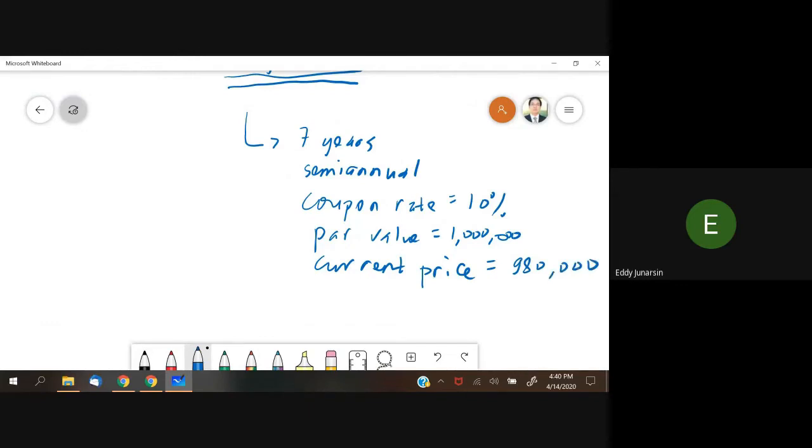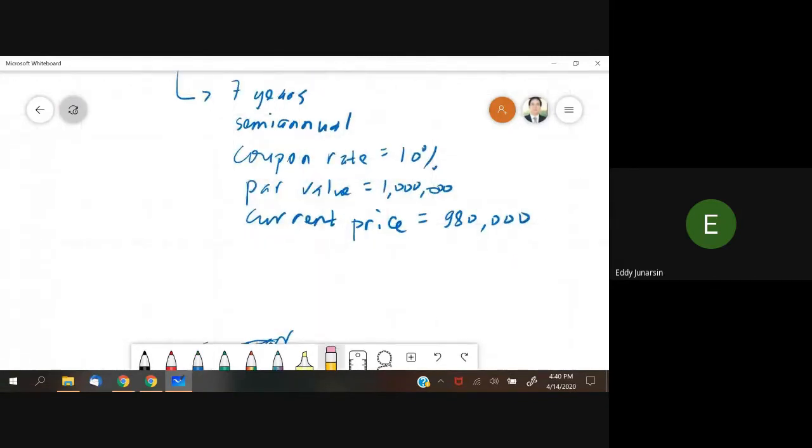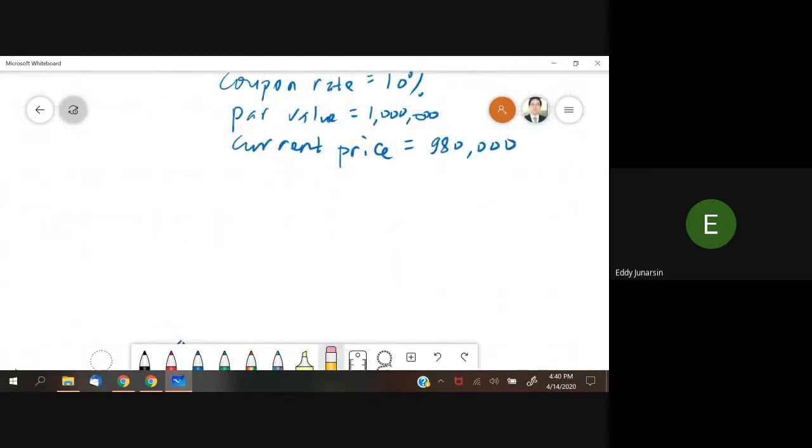Okay, so with these pieces of information, we could try to find the yield. What is the yield to maturity?